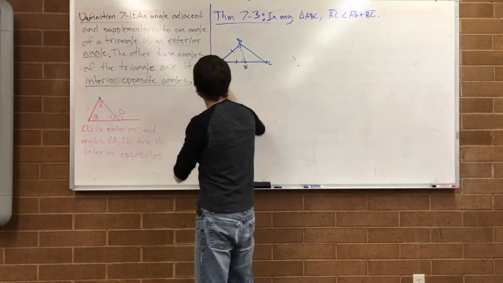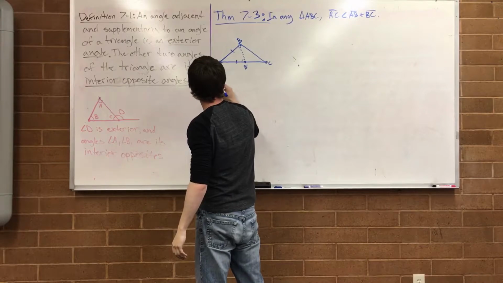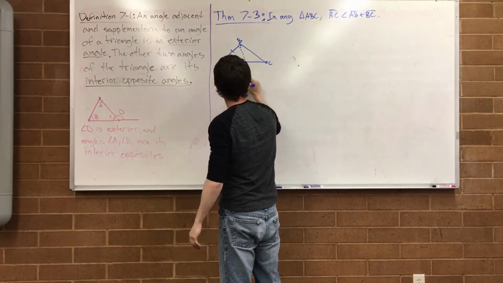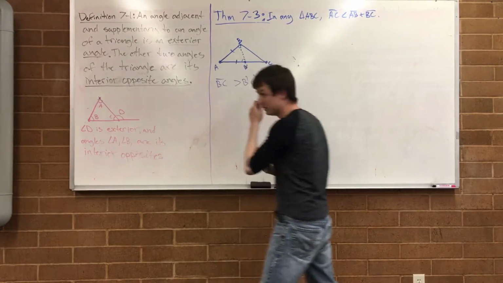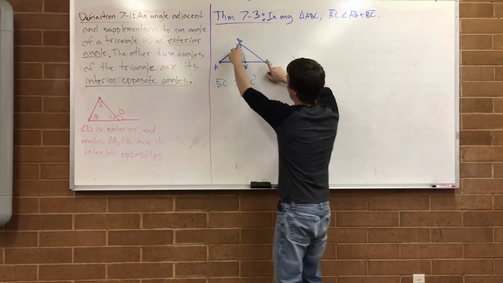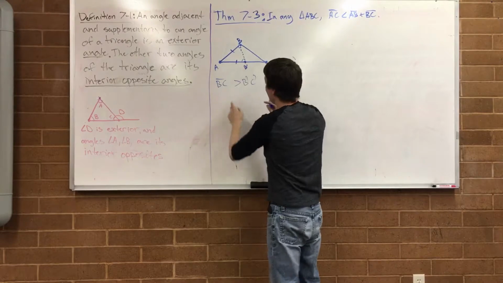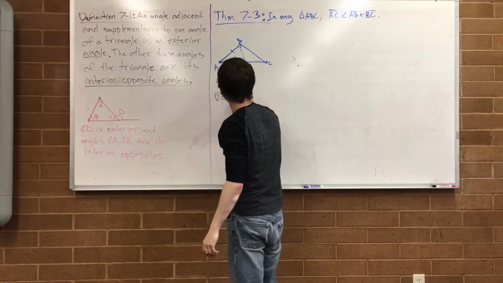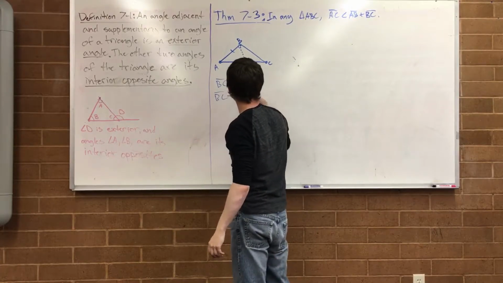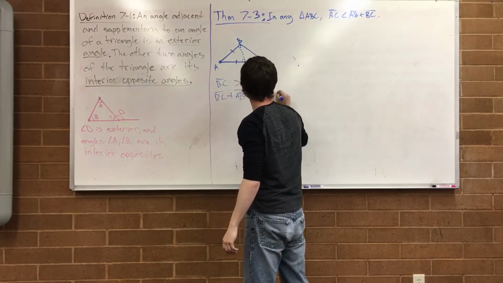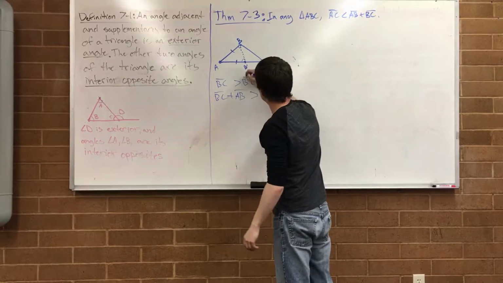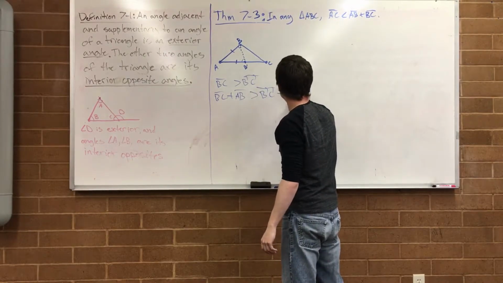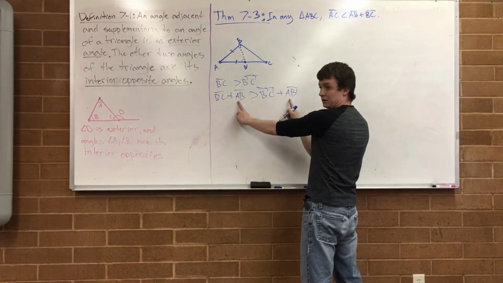In other words, if I can show that BC is greater than B prime C prime, if this side is greater than this side, then BC plus AB is greater than B prime C prime plus AB prime, because that's the same number, right?